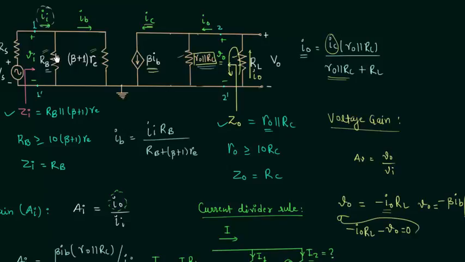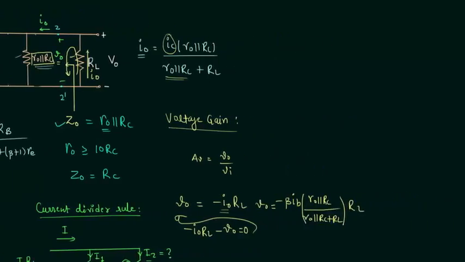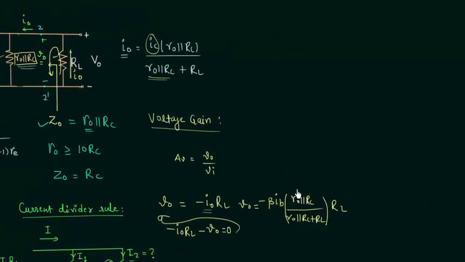We do not have the value of current through resistance RB, and to find out drop across RB, we have to perform the extra calculation to find out current through this resistance. But we already know the current through resistance beta plus 1 RE, it is IB, the base current. So VI is equal to IB multiplied with beta plus 1 RE. So the input voltage is simply the drop across resistance beta plus 1 RE.